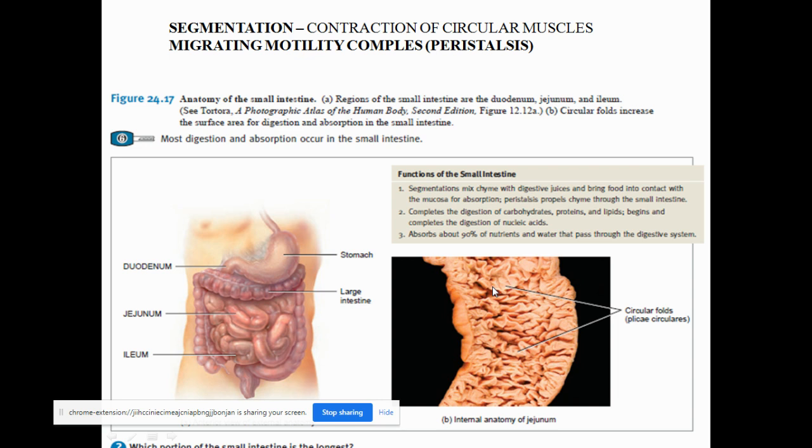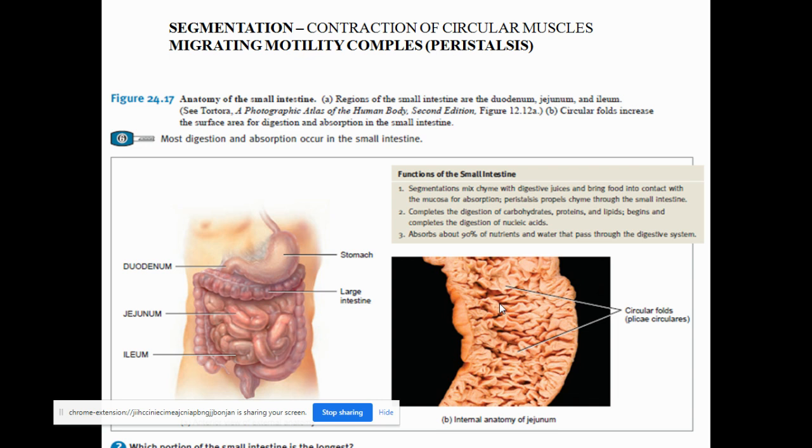So the large volume of chyme coming out of the stomach can easily move and touch all the epithelial cells of the mucosal lining, and it can easily be acted upon by the enzymes secreted by the duodenal glands, the pancreatic juice and the bile. It gets mixed very well.